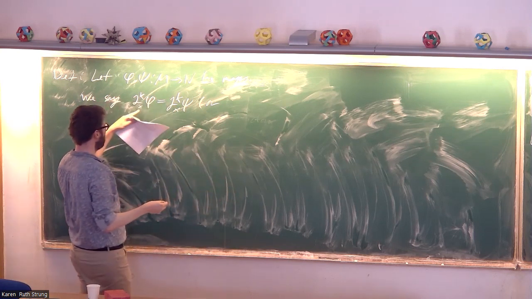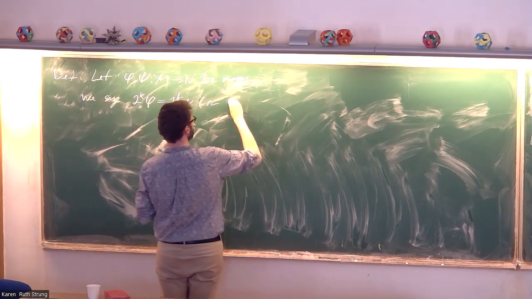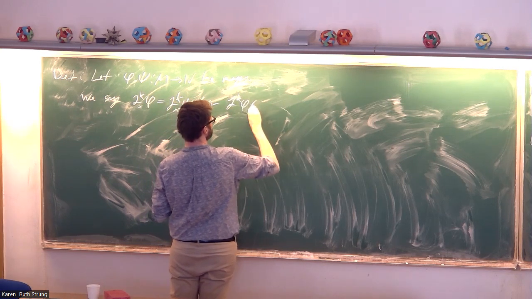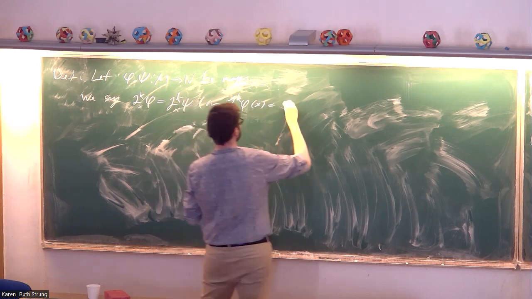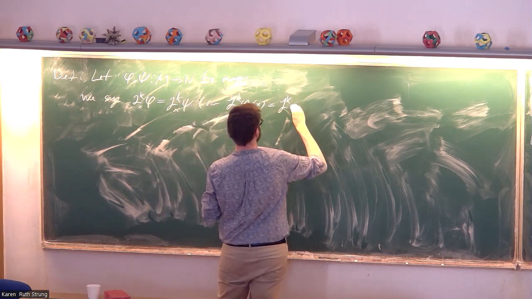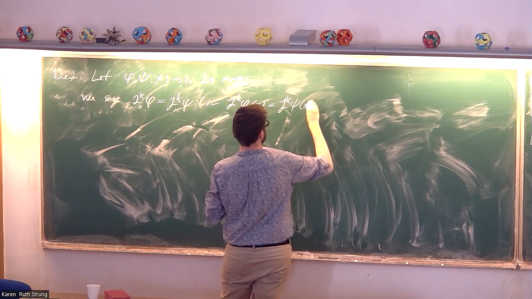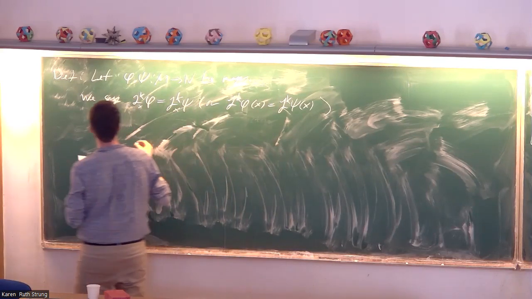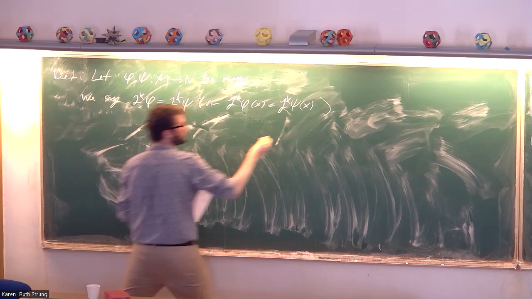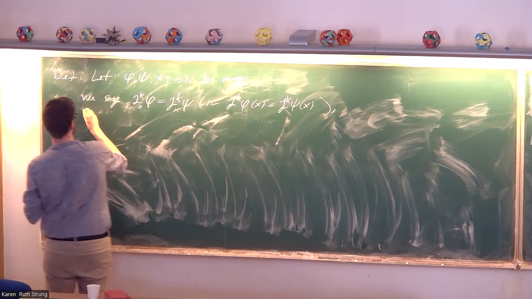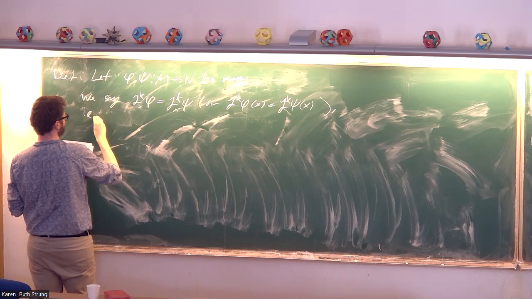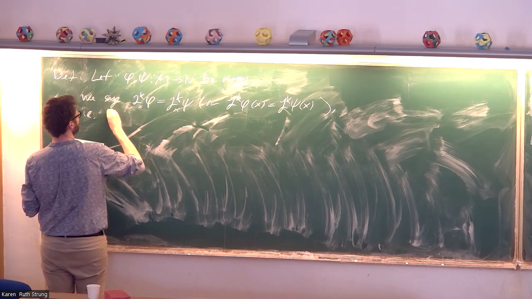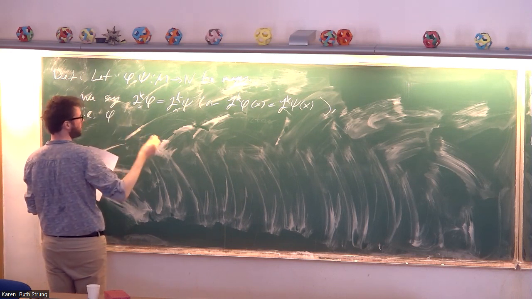Or you can omit the x and write it like this. And let's write that down again. Phi has the same k-jet as psi.